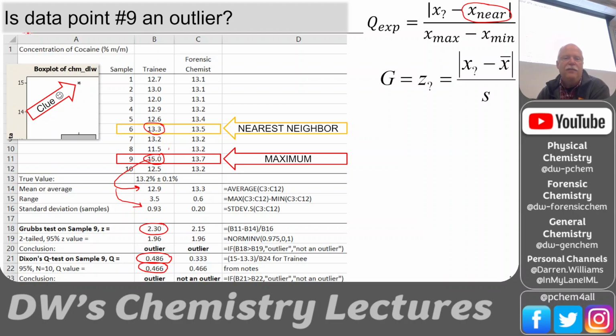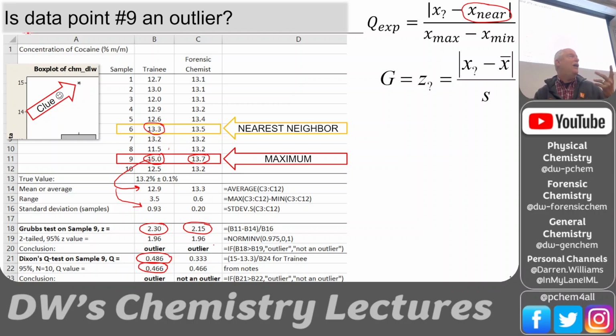Now, y'all may not have noticed, but in the forensic chemist data, we had a 13.7, and it has a nearest neighbor of 13.5, and all the others are 13.4s, 2s, and 1s, okay? So let's test those. Well, the Grubbs test says that 13.7 is 2.15 standard deviations away from the mean.